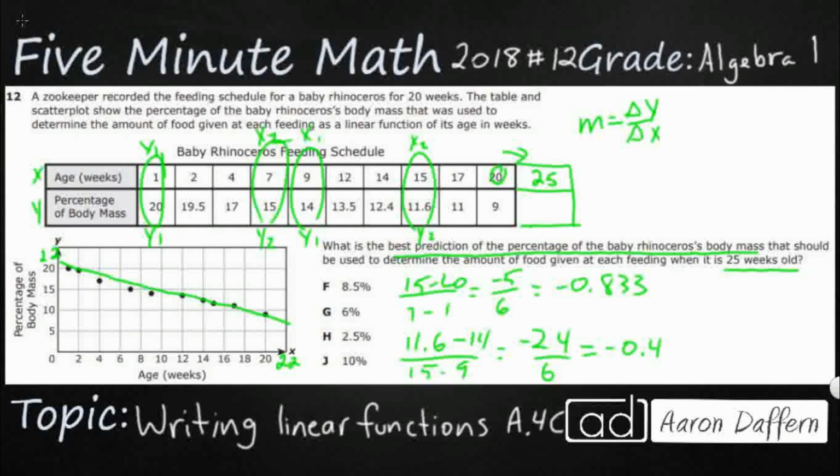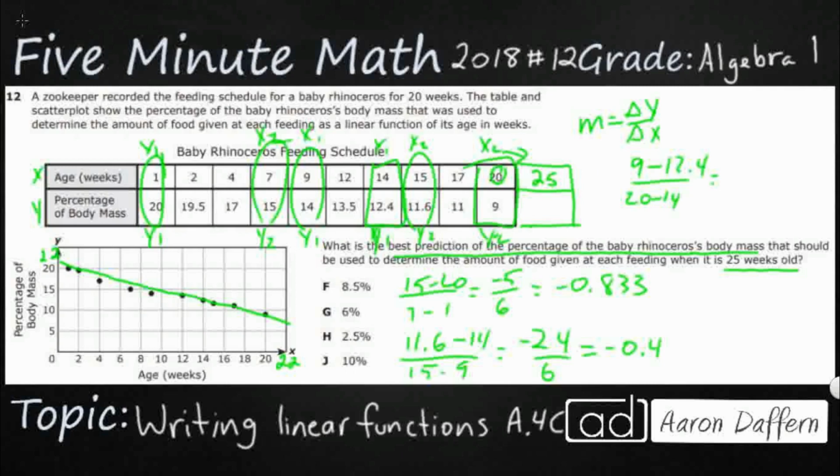And let's just do one more set here. Let's do this last 2 sets right here. So I'm going to make that y1, y2, right? So that's going to be 9 minus 12.4, and that's going to be x2, x1, and that's over 20 minus 14.